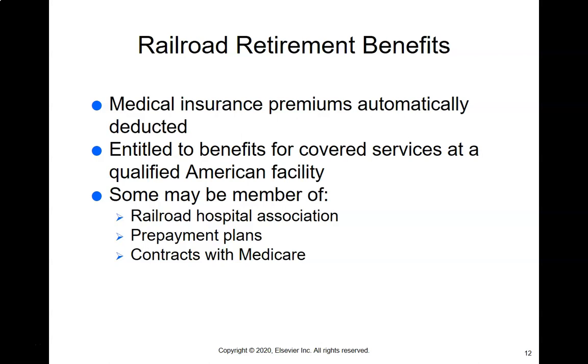Medical insurance premiums are automatically deducted. They're entitled to benefits for covered services at a qualified American facility, and some may be members of the Railroad Hospital Association, prepayment plans, and contracts with Medicare.